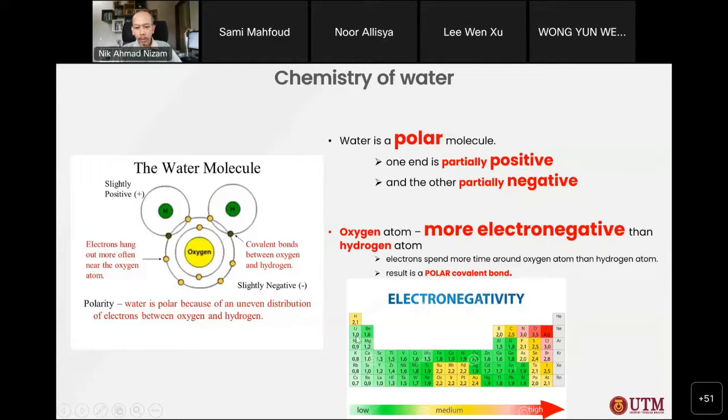So these are the electronegativity values: N is 3.0, O is 3.5, F is 4.0. So F is the highest one. H2O contains H at 2.1 combined with oxygen at 3.5. So the difference in electronegativity is very significant, 3.5 and 2.1. That's why it gives a polarity.